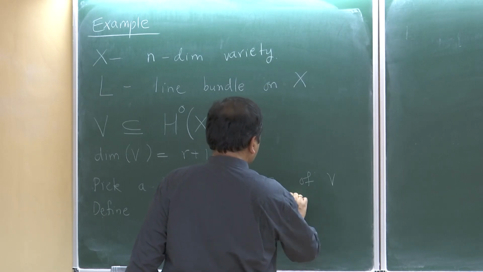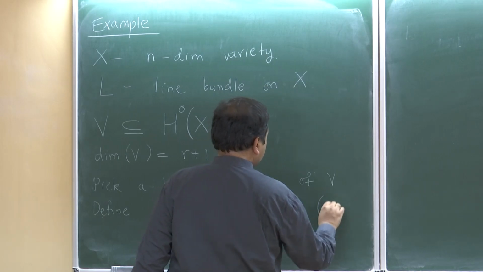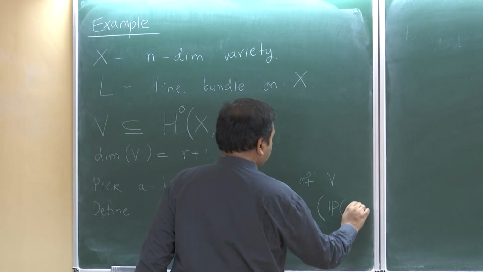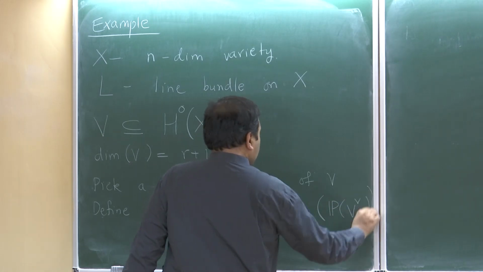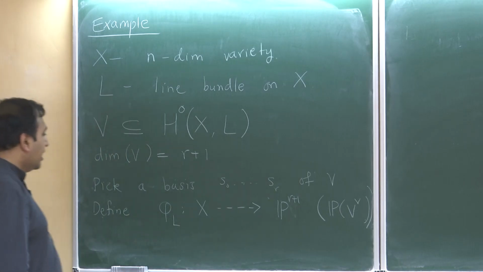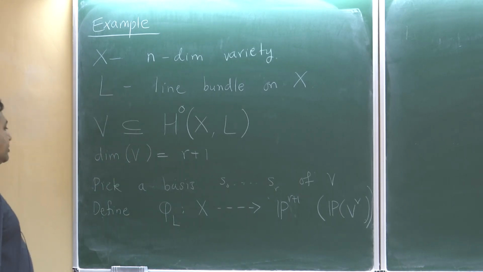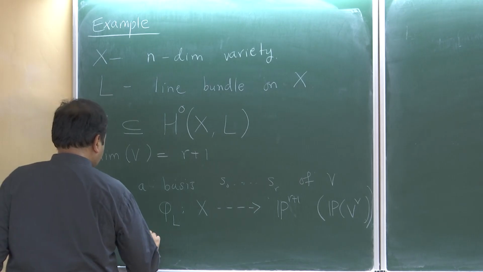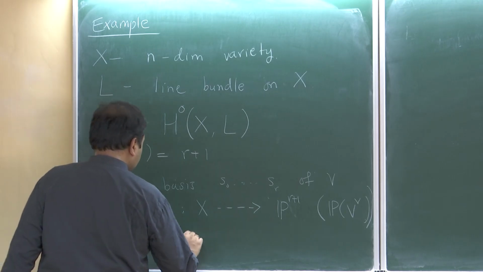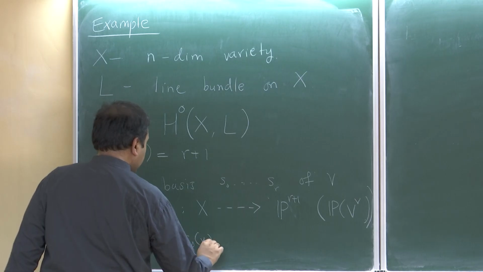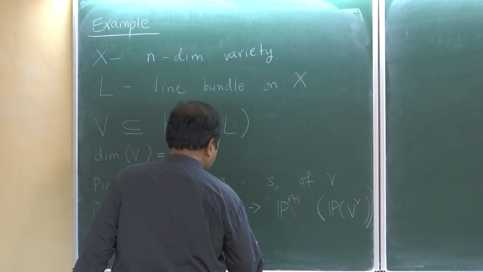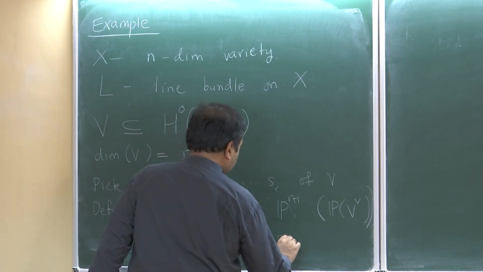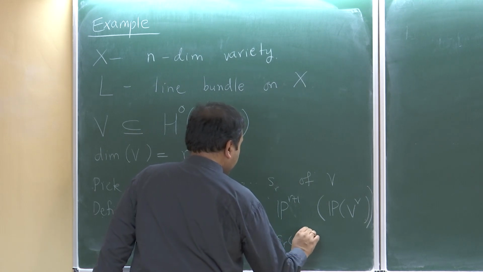Really this is in P of V dual. I don't necessarily have to do it this way, but this way I can write a nice quick formula: phi L of x is equal to s0(x) : s1(x) : ... : sr(x).